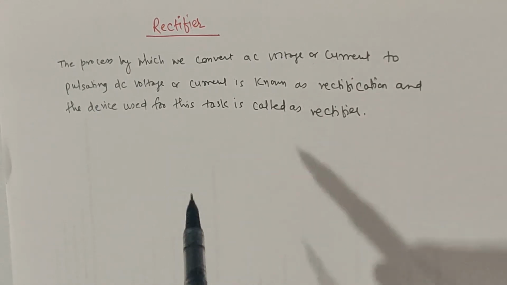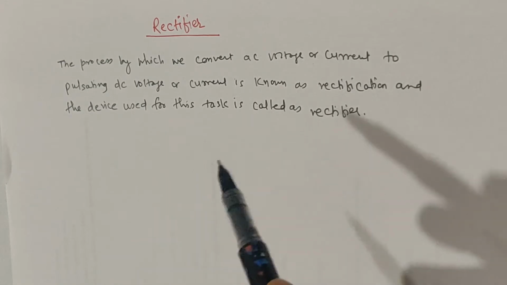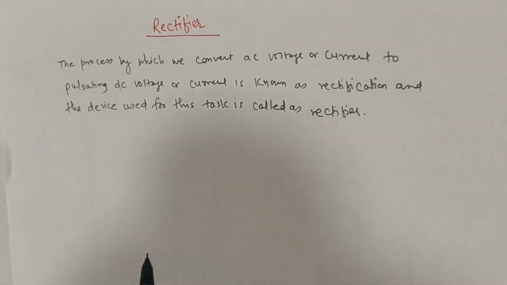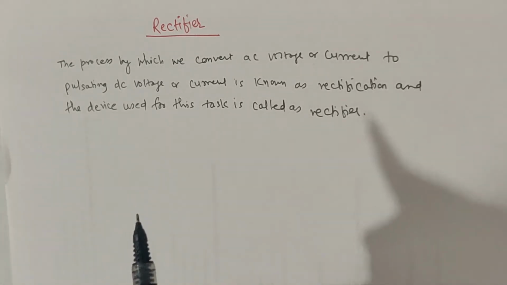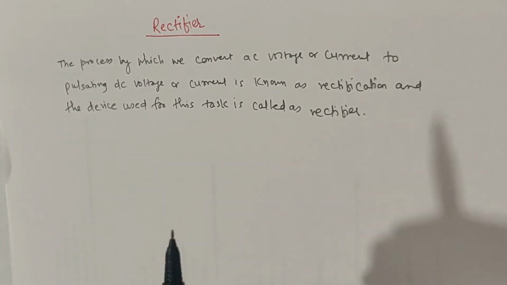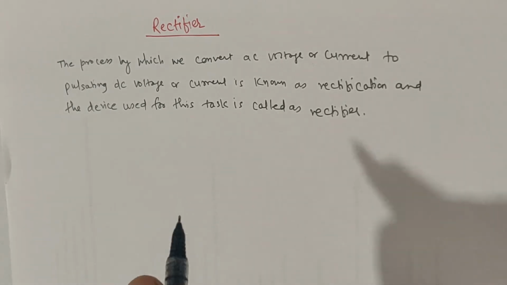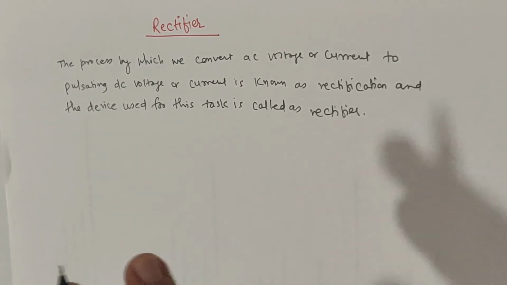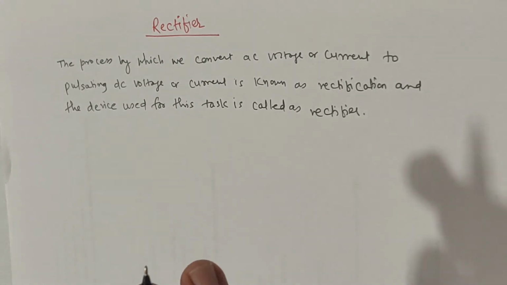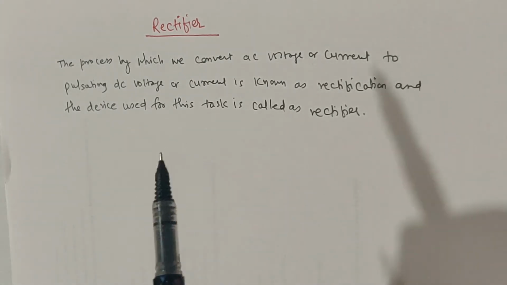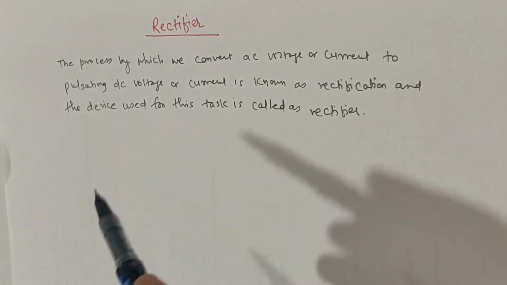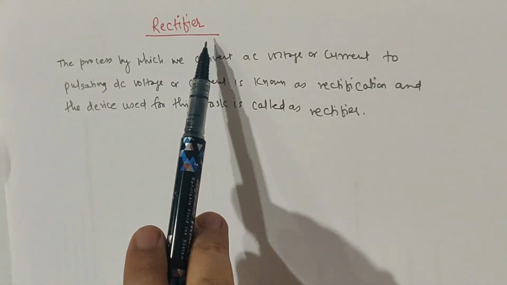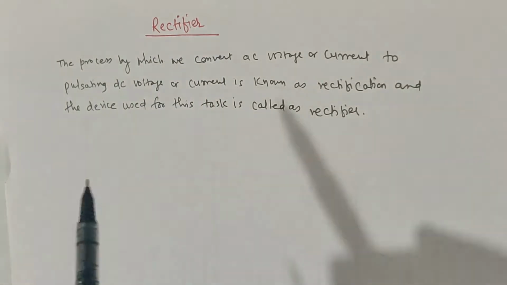AC power supply is a fluctuating power supply which changes with respect to time, but for home appliances or for electronic appliances in general, we require a constant power supply, and that constant power supply can be achieved by converting your AC power supply to DC power supply. And for that purpose, the device which is deployed is known as a rectifier, and the entire process is called rectification.